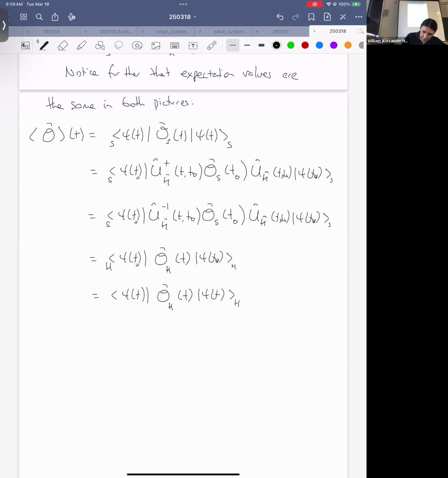And so if I call this the expectation value of the operator in the Schrödinger picture on the left, I now have very clearly the expectation value of the operator in the Heisenberg picture at time t on the right. Pause there for any questions.